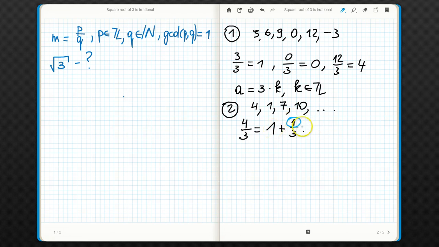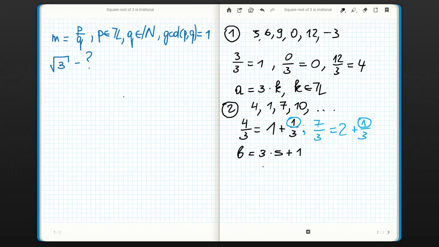The same with 7: 7 over 3 gives you 2 plus a third. So the remainder is always 1, and I can write these numbers as b equals 3 times some s plus 1. Not a multiple of 3 anymore, the remainder is 1.